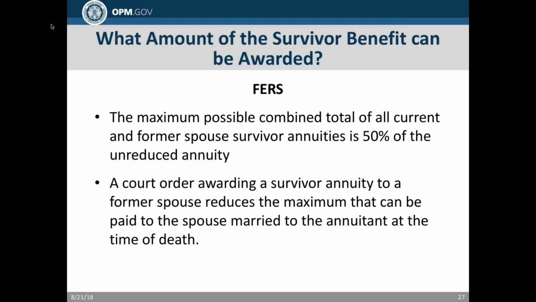So the max survivor benefit under CSRS will be equal to 55% of that self-only annuity. Under FERS, the max survivor benefit will be equal to only 50% of the unreduced annuity. A court order awarding a survivor annuity to a former spouse reduces the maximum that can be paid to the spouse married to the annuitant at the time of the death.